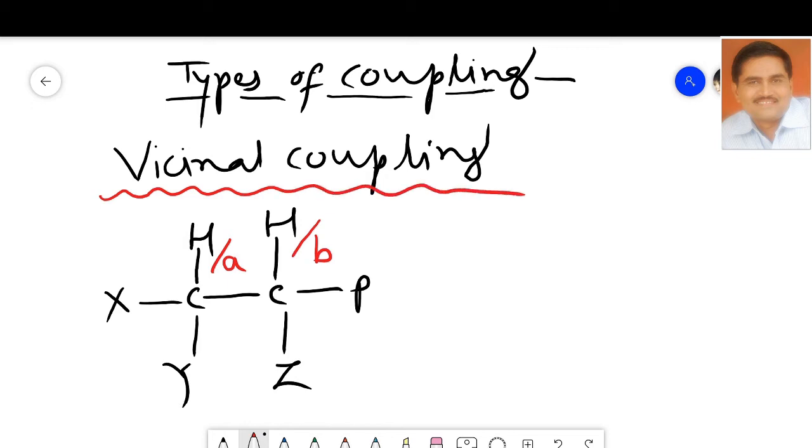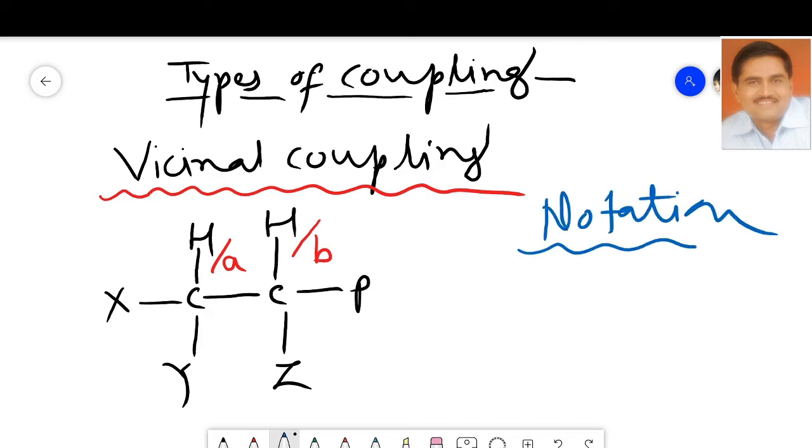Actually, we already discussed this vicinal coupling in TYBSc as well as MSc first year classes. But today we will see the notation regarding this, because notation is very important in non-first order spectra.